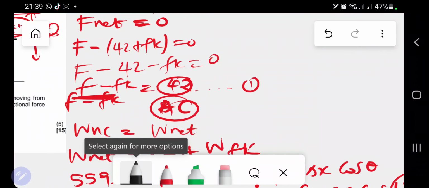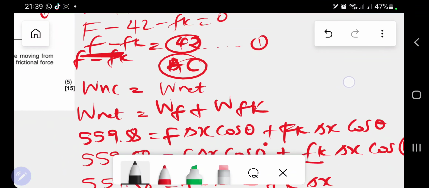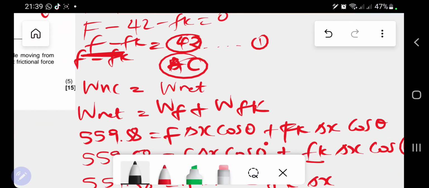Then we are going to take this equation 1 and substitute it into equation number 2. I hope people are able to follow. So 559.58 equals Δx times 42, because in equation 1 we said F minus Fk equals 42.